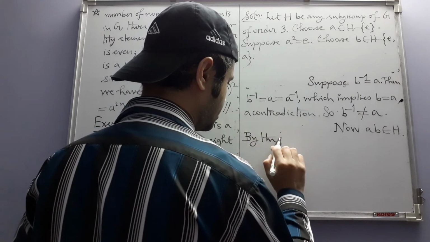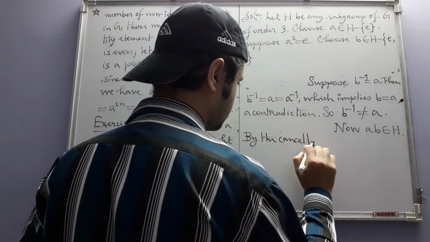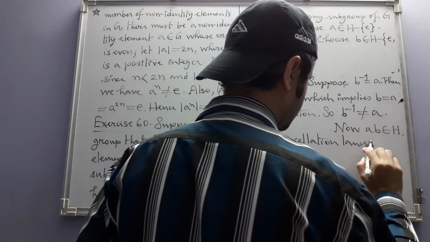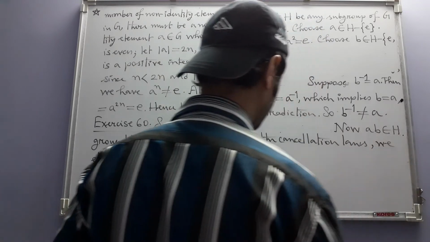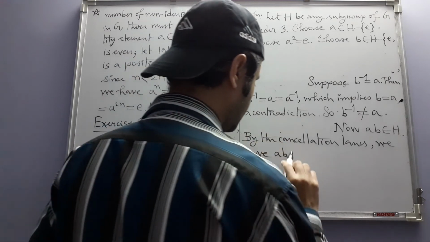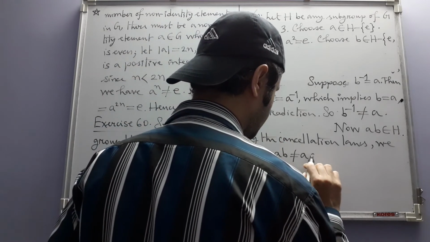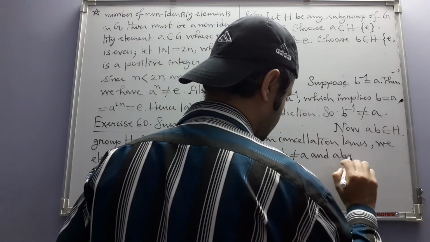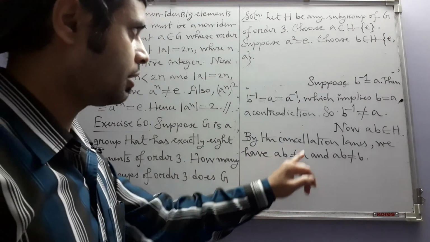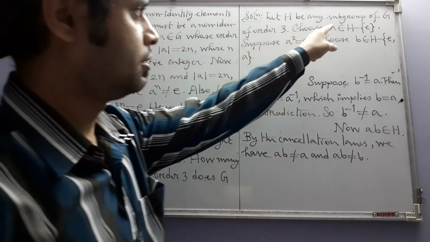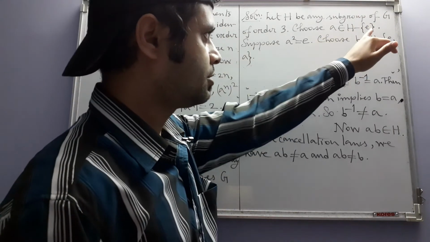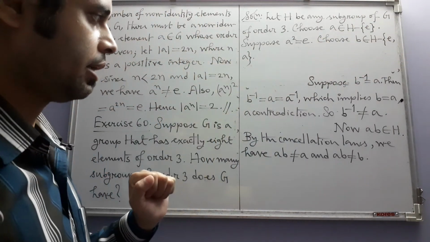By the cancellation laws, we have AB not equal to A and AB not equal to B, and also because neither A nor B is a unit, sorry, what the hell am I saying, is not identity. A is not identity, here also B is not identity.